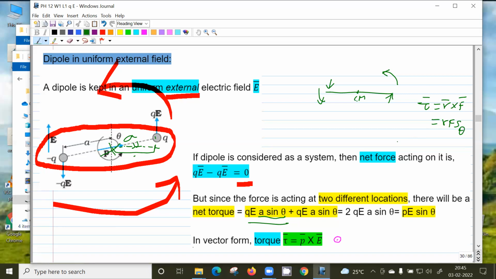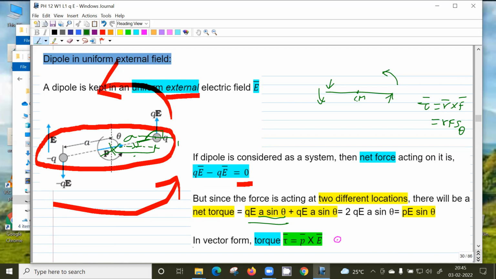So R sine theta. So that A itself is the perpendicular direction only, no? Why are you adding that sine? No, this is not 90 degrees. See, Q is vertically upwards, so with the horizontal it will be 90. But this line is at an inclination, it is not horizontal.